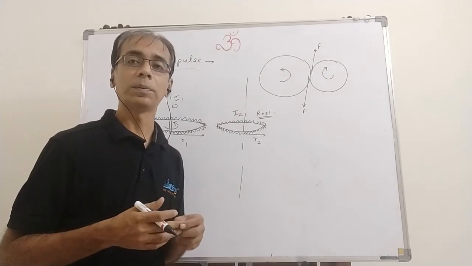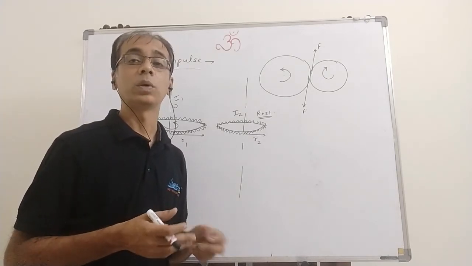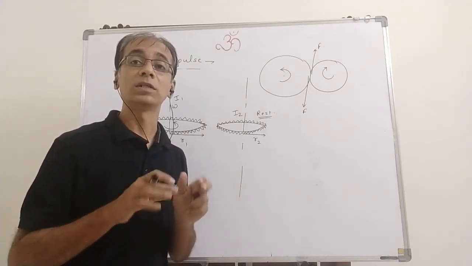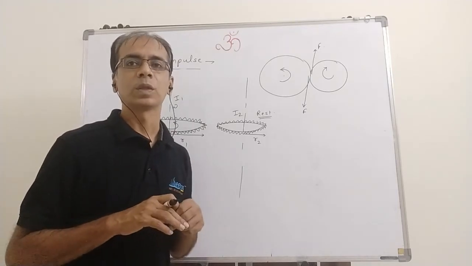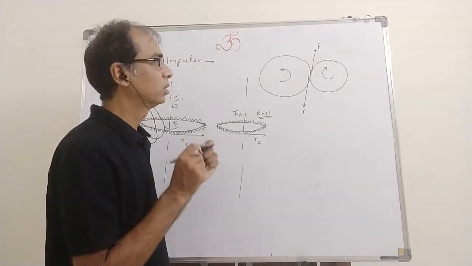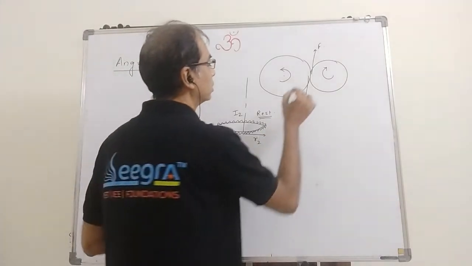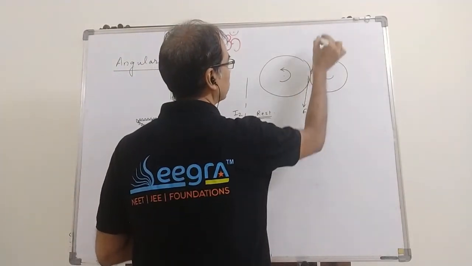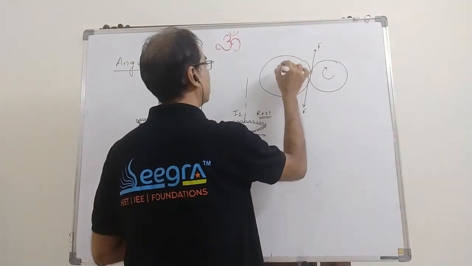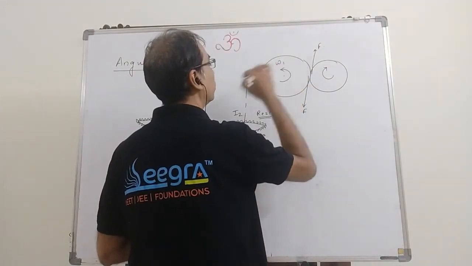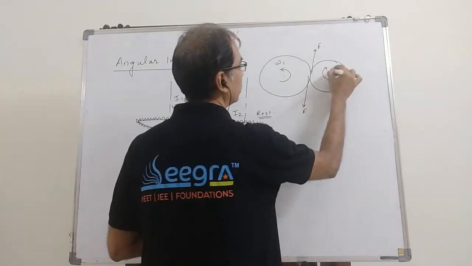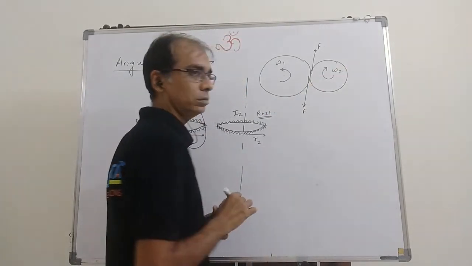And when no slipping happens, when the two bodies which are in contact have what? Same speed. Okay. So this point is also going up, this point is also going up. Let's assume that its angular velocity now has become omega 1 and this is omega 2.